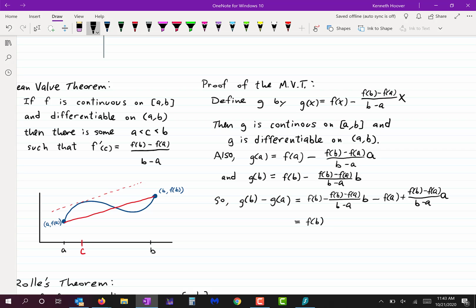That'll be f of b, that takes care of this one, minus f of a, that takes care of this, and then plus f of b minus f of a over b minus a times a, that's this, and then minus f of b minus f of a over b minus a times b. That's this. So now I've got all four parts.